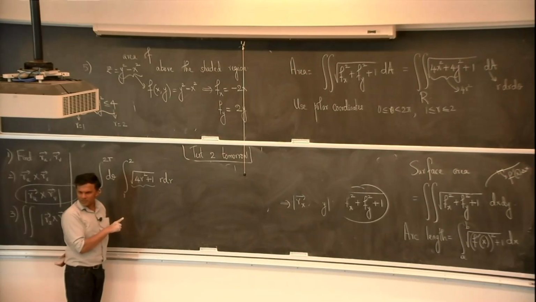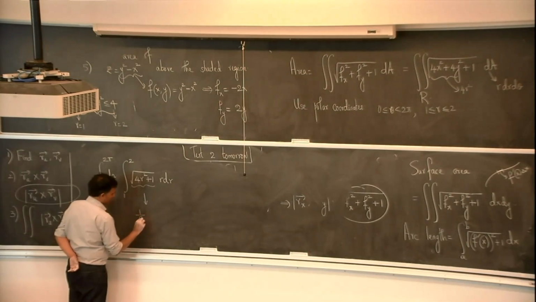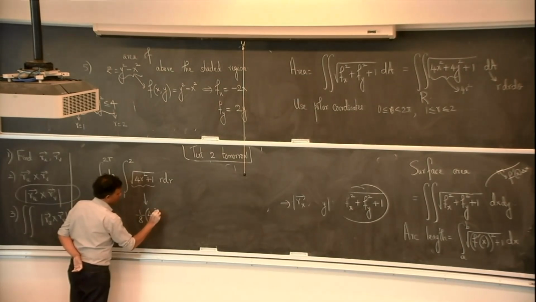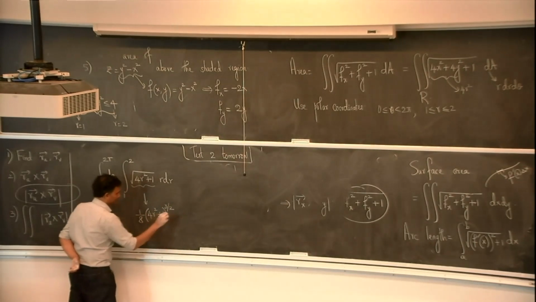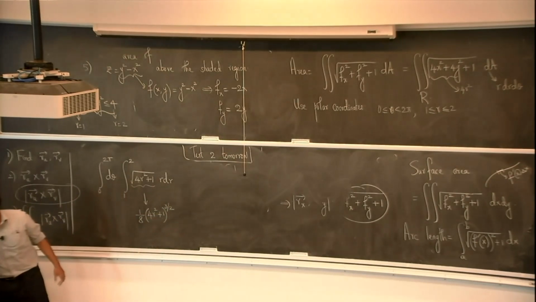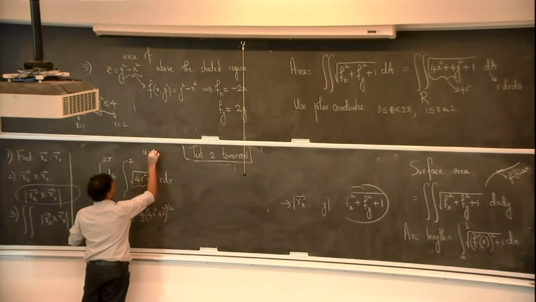Didn't we just do this using u? So I'm going to just write it as 1/8 of 4r square plus 1 to the power of 3/2 times 2/3. I skip steps, that's when mistakes happen. So 1/8 times 2/3, because of the u equal to 4r square plus 1.